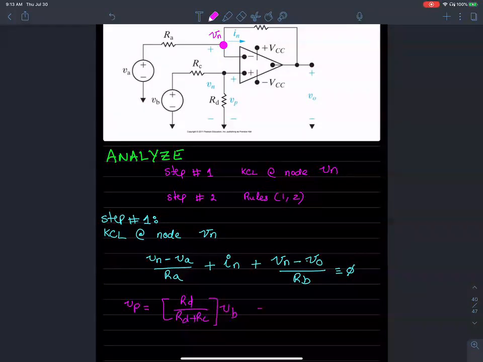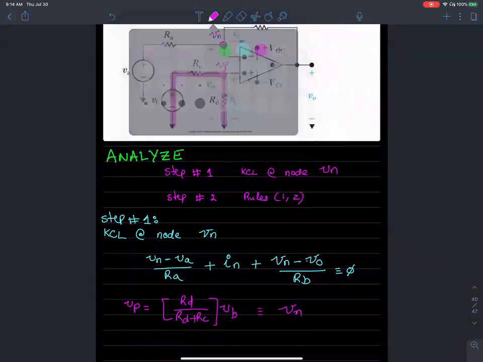That's all there is to it. Okay, I see that. Now once you have VP, you should be able to apply VN. There was no current earlier going into IP, so there was no voltage dropped across this resistance. But now it's a little different. There is a path from this source down to ground.